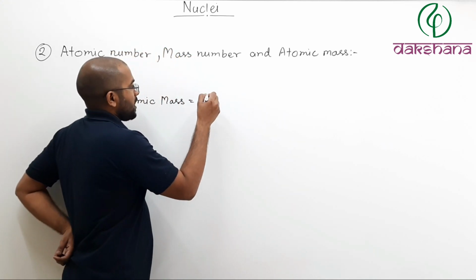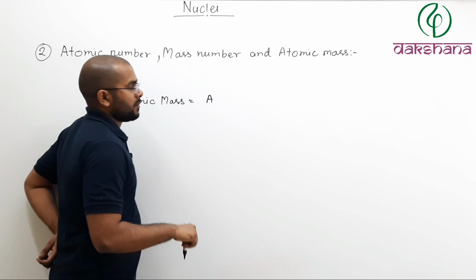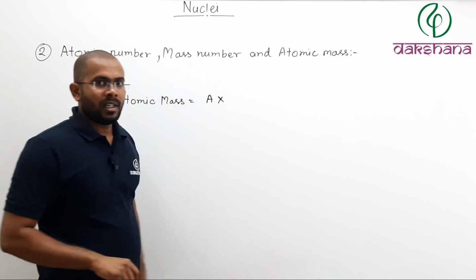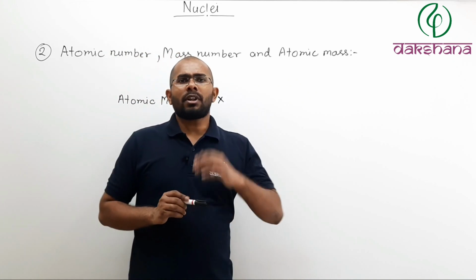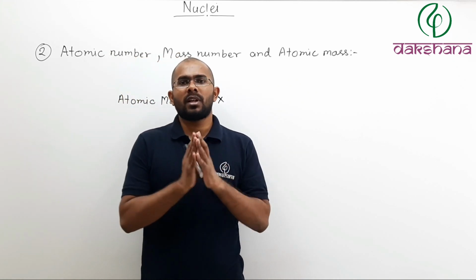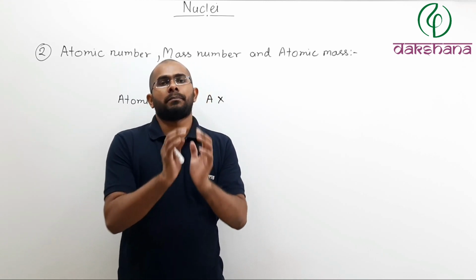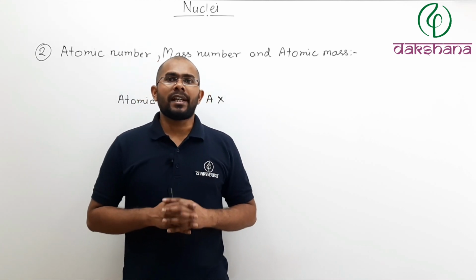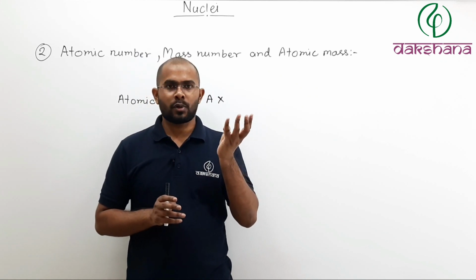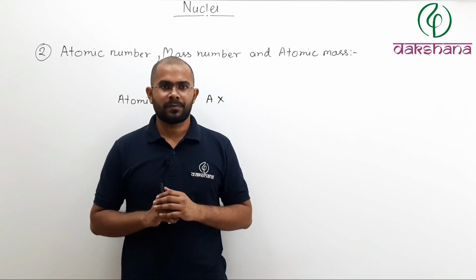Atomic mass gives you the total mass of your atom. Now, in an atom there are three main particles: electrons, protons and neutrons.